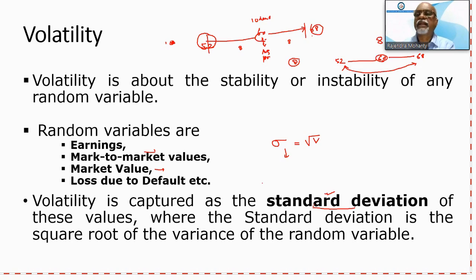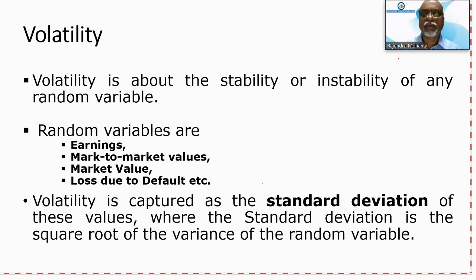This much was the volatility of this stock. So how this standard deviation is to be calculated? If we know the earnings or market value of the security for a certain period, then how this standard deviation is to be calculated, we will do in the next slide. So please be focused on that.